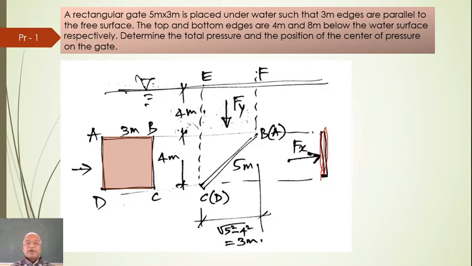So Fx is the horizontal force which is acting on this surface. And then look at this figure, whatever water will be there in this particular volume will be acting as a vertical load as Fy. So Fy is nothing but the weight of the liquid in this volume, that is EFBC.